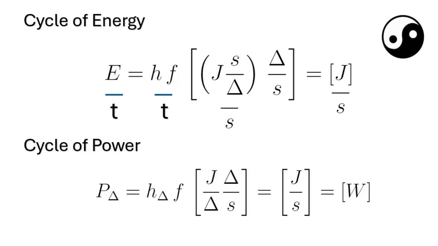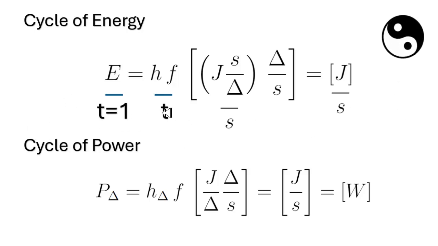So what we're going to do next is convert the standard Planck energy equation to a power equation, and the way we do that is we introduce a time parameter. We divide both sides of the equation by a time parameter, and we set t equal to 1.